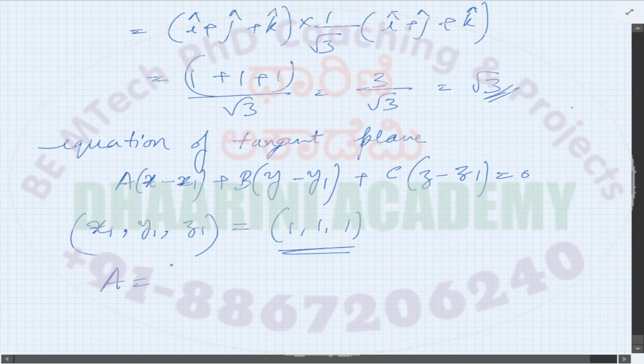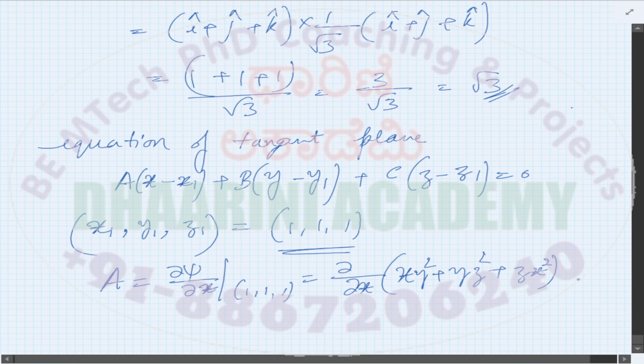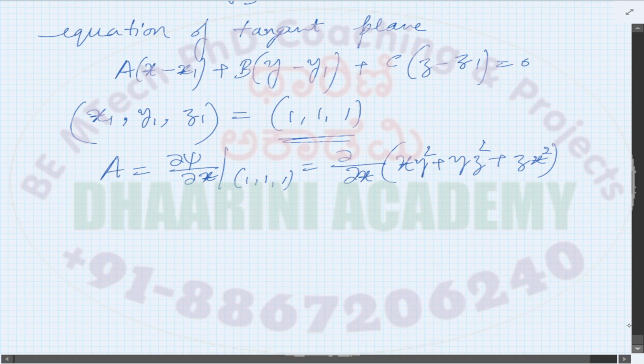So this means a is equal to, look at the given surface, so that is dou psi by dou x at 1 comma 1 comma 1, right? So I am going to perform the dou by dou x of the given psi. So what is the given psi? Given psi is x square y plus y z square plus z x square, right?